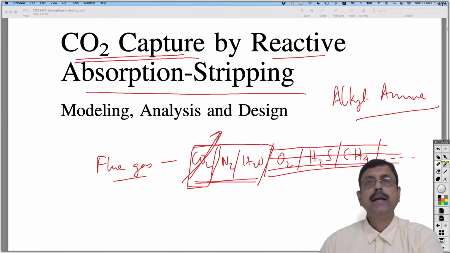You might know that alkyl amines have the capability of absorbing CO2. Whenever CO2 and amine come in contact with each other, they react and thereby the CO2 gets absorbed in the amine. And it is very easy to separate them.